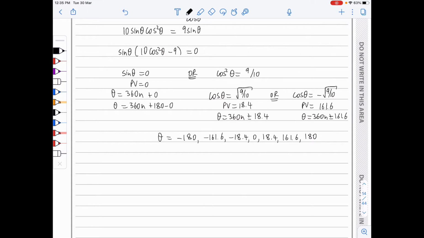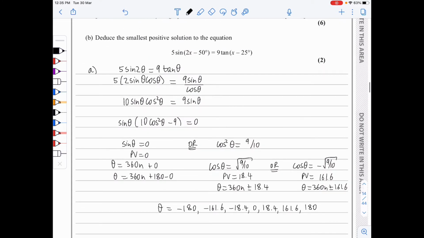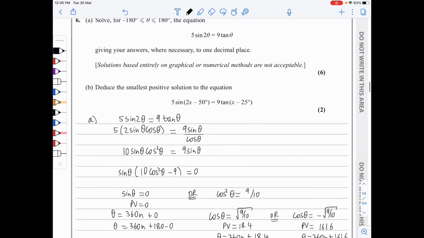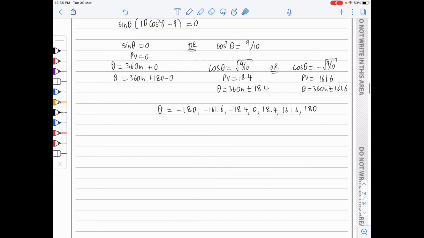Now in part B, we need to deduce the smallest positive solution to the equation. It doesn't take long to realize that theta has been replaced by x minus 25. So if theta is x minus 25, then we need to pick out the smallest positive solution.